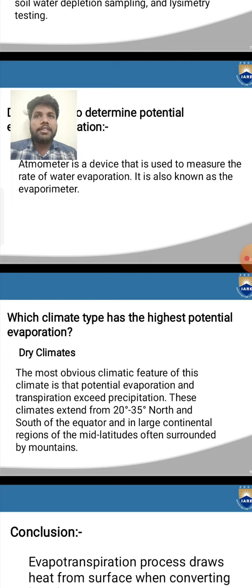In other climates, such as cool climate or rainy climate, the evapotranspiration will be low. That is because of low temperature. In low temperature, there will be a low rate of evapotranspiration and even a low rate of potential evapotranspiration.